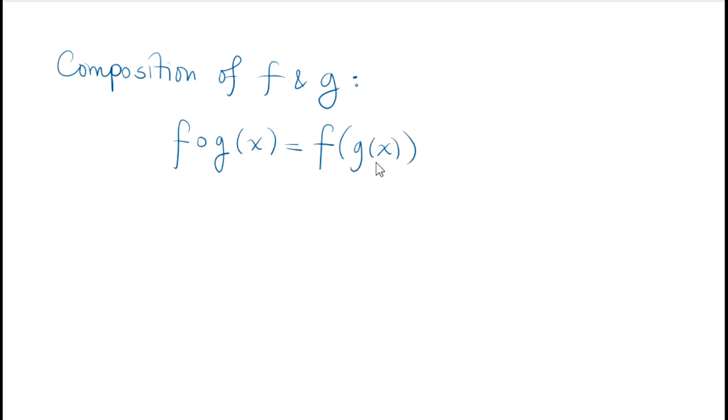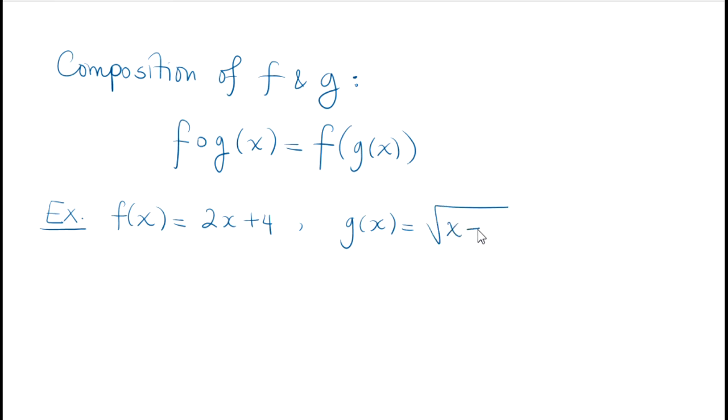So you replace x by g of x. For example, let's say f of x equals 2x plus 4, and let's say g of x equals the square root of x minus 5.